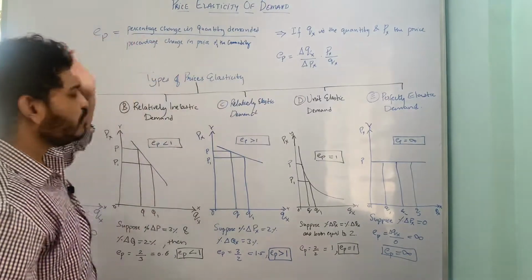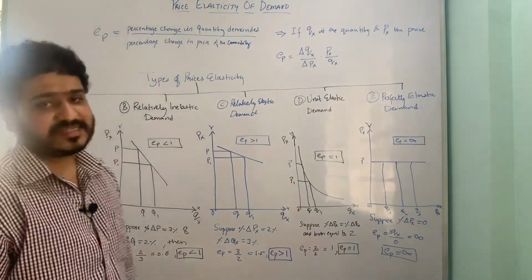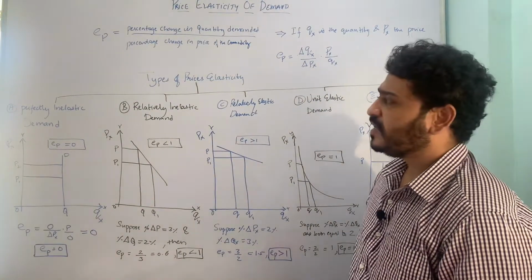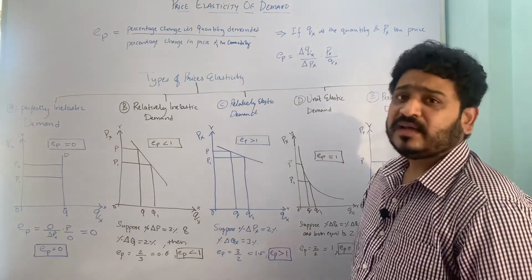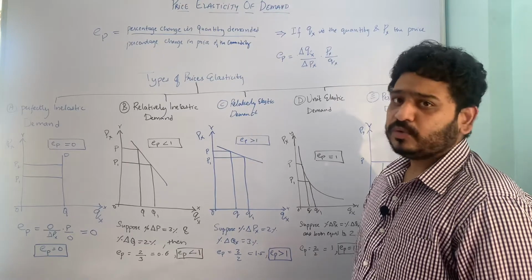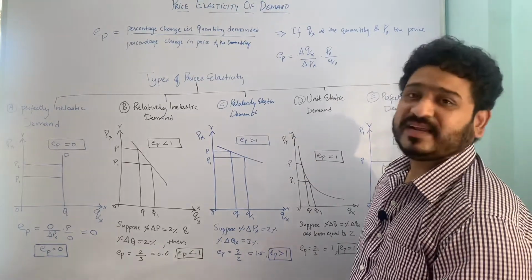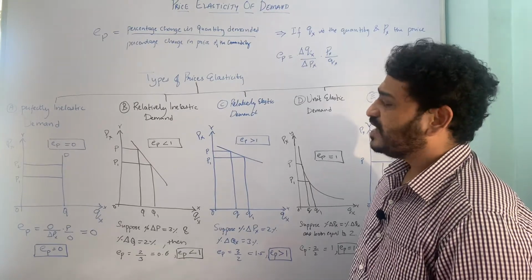Let us now move to the different types of price elasticities of demand. The first type is perfectly inelastic demand, wherein price elasticity is equal to 0. The second type is relatively inelastic demand, wherein price elasticity is less than 1.